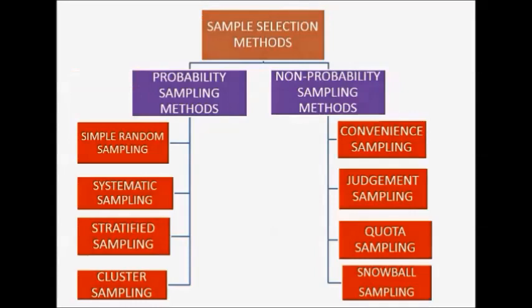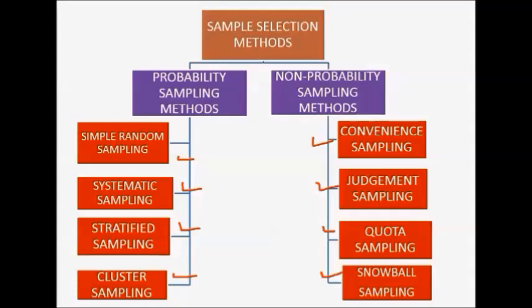Here we have the classification of sample selection methods. Probability sampling method carries 4 types: simple random sampling, systematic sampling, stratified sampling, and cluster sampling. Similarly, we have non-probability sampling methods, which are of 4 types: convenience sampling, judgment sampling, quota sampling, and snowball sampling.